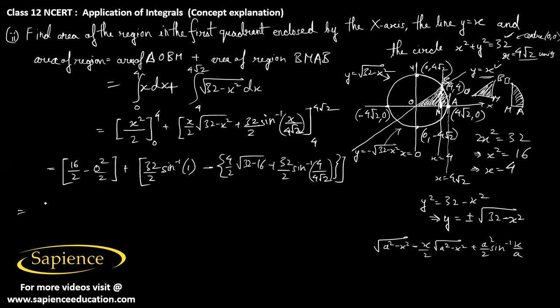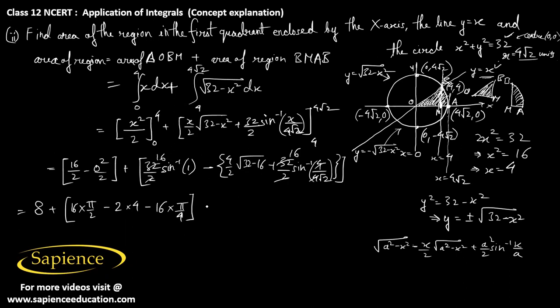So this will be equal to 16/2, that is 8. Then plus 16 times sin⁻¹(1), that is π/2. Then minus 2 times √16, that is 4. Then minus 16 times sin⁻¹(1/√2), that is π/4.